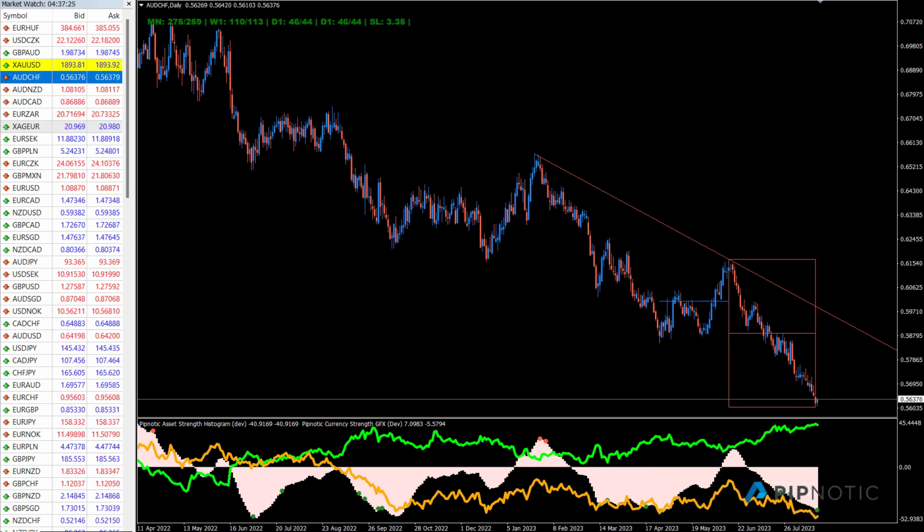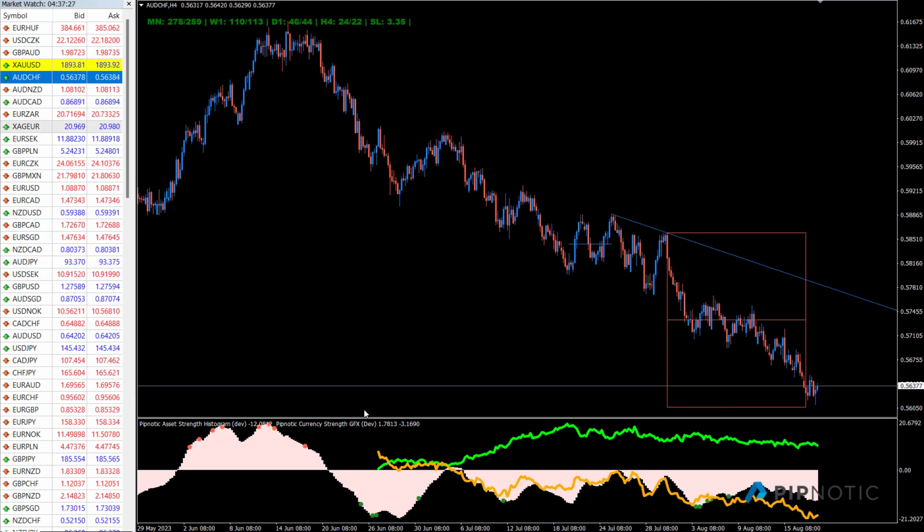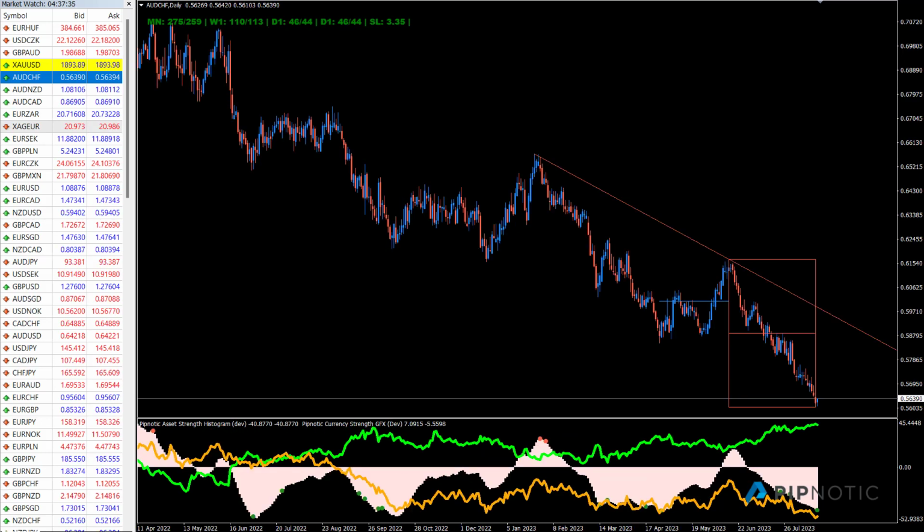So the currency strength. Okay, we're seeing the Australian dollar begin to attract flows, and the Swiss franc is shedding some flows, and that's what you're seeing here when you can see these dots here.